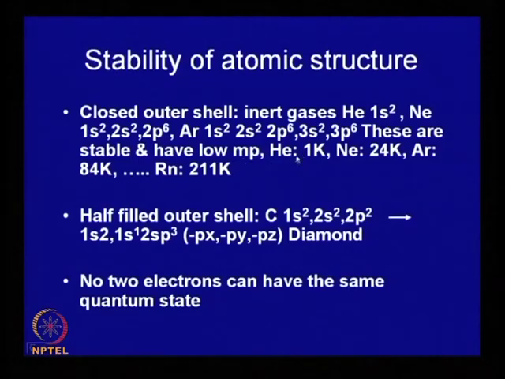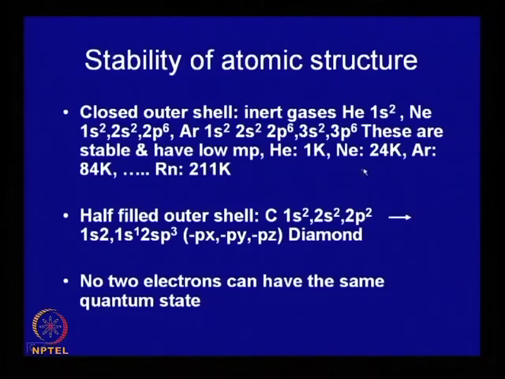Some of these are listed here. Helium's melting point is about 1 degree Kelvin, but as you go down this group in the periodic table, neon is 24 K, argon 84 K, and further below, radon is 211.